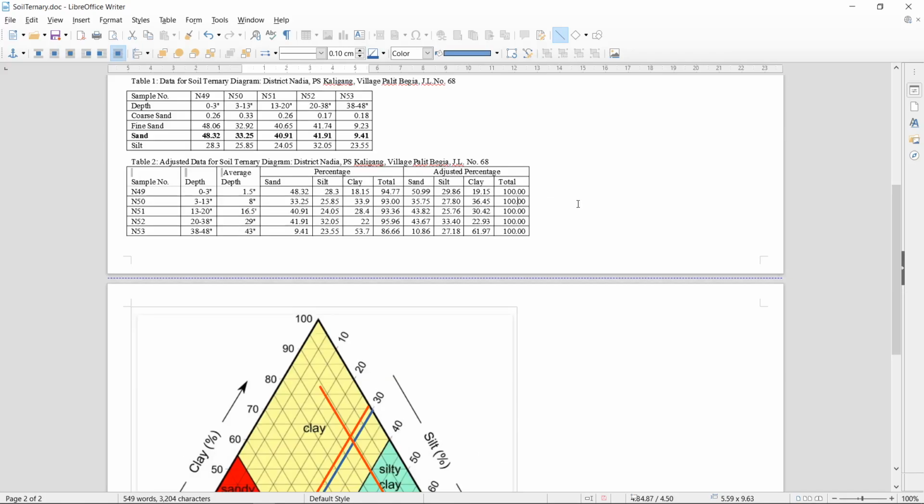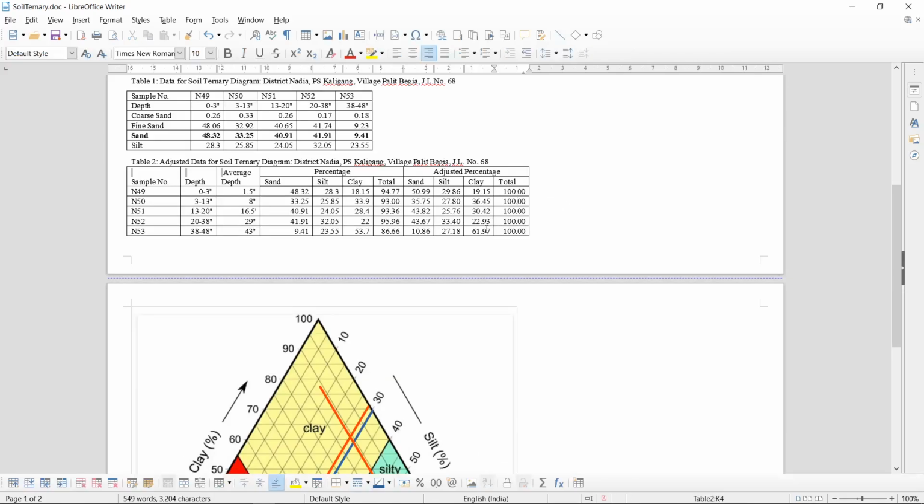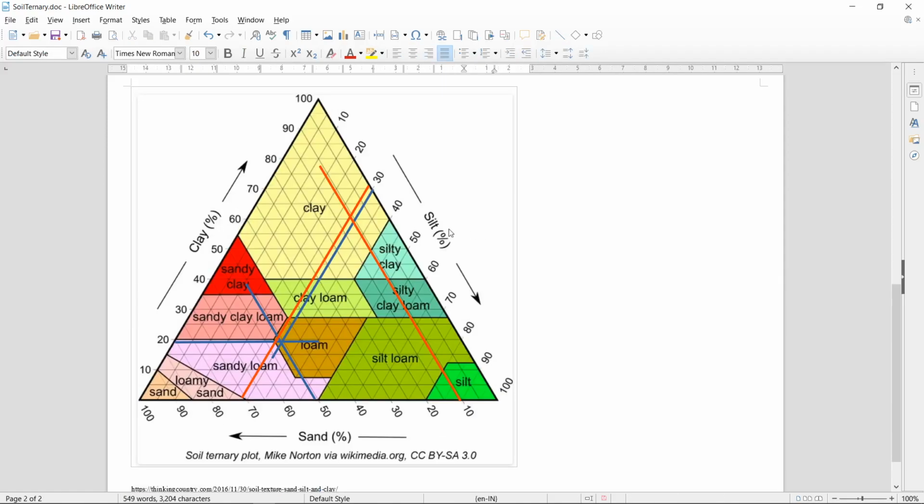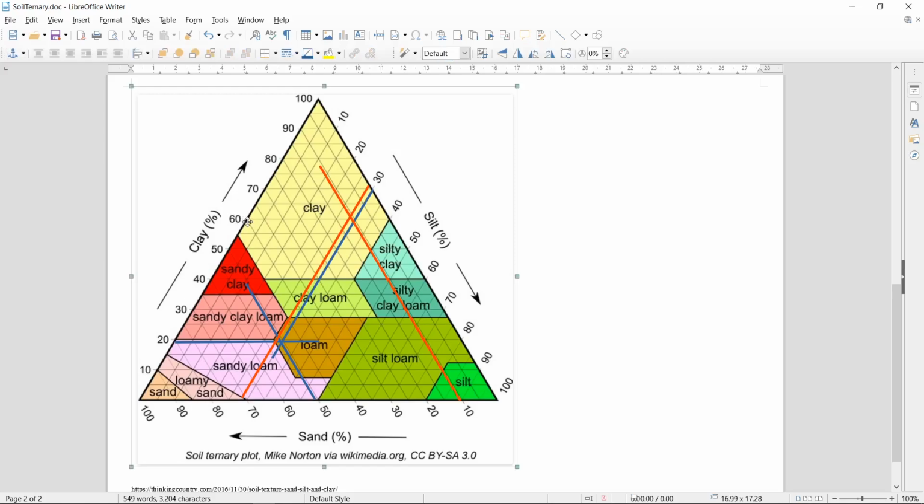And we have a 62 percent of clay. So if we have a 62 percent of clay, so this is 60, this is 65, so 62 will be somewhere here, around this.